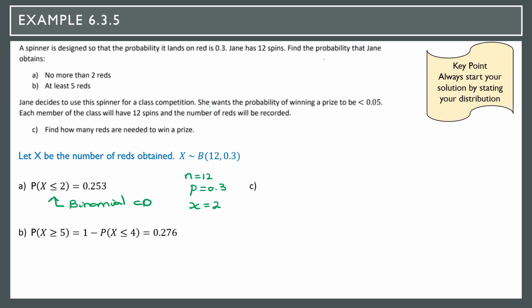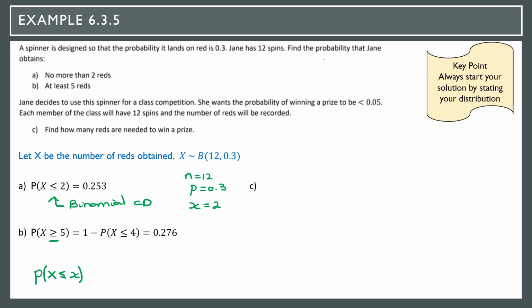Moving on then, we're asked to find the probability of at least 5, so again 5 is included, but we want the probability that X is greater than or equal to 5. Now remember that the cumulative distribution function always considers the probability that your random variable is less than or equal to any possible value of X that we defined.